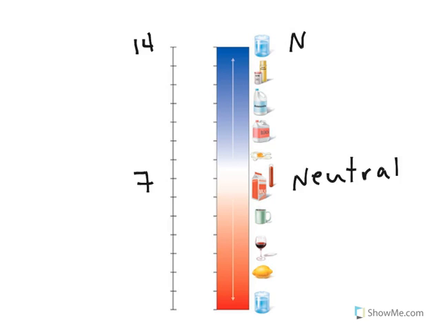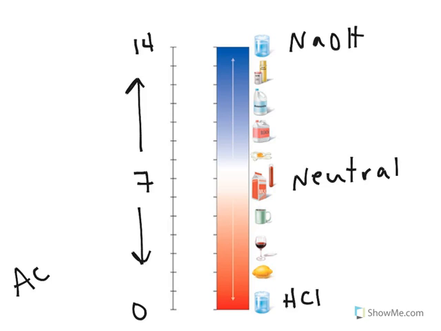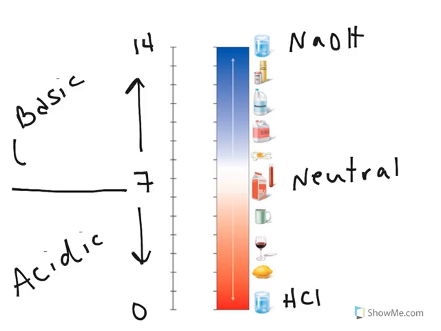But this would be like sodium hydroxide. Whereas when you move towards the bottom of the scale, which is moving towards 0, this is where you're going to have your hydrochloric acid. So this is the acidic side, and this is the basic side. There's neutral. Remember that basic you can also refer to as alkaline.